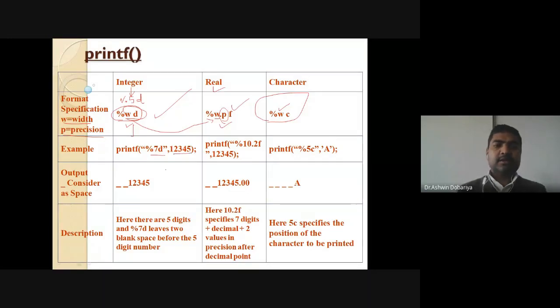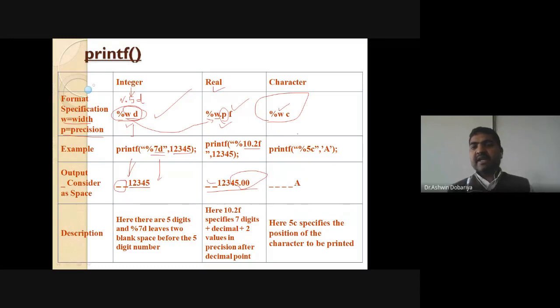So this is positive, meaning it will display 5 digits and the remaining 2 will be spaces. Let me complete the first part, integer. Even in a floating value, if you mention 10.2, total width is 10, and .2 means after the decimal point it will display only 2. Here there is no value, so it will display 0, and the remaining it will display as space.